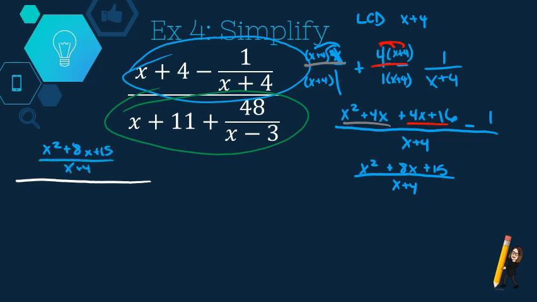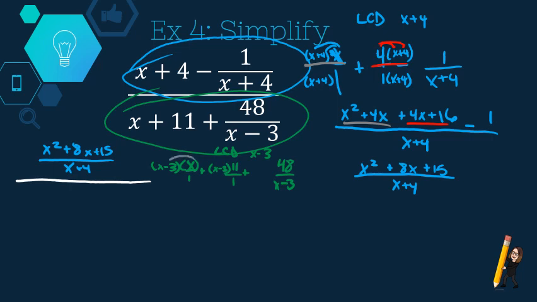All right, let's deal with that crazy denominator. I have x over 1 plus 11 over 1 plus 48 over x minus 3, which means my LCD is going to be x minus 3. So take this first one times x minus 3, the second one times x minus 3, and the third term already has an x minus 3.